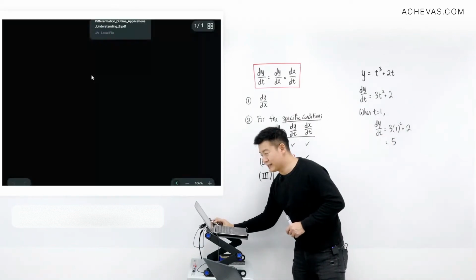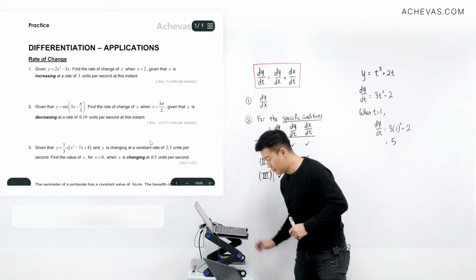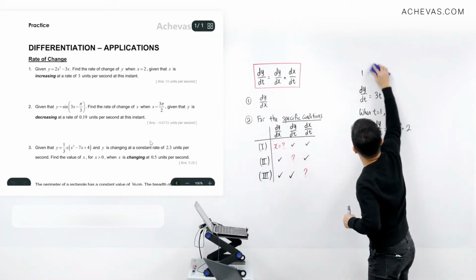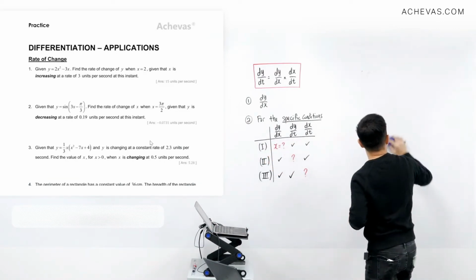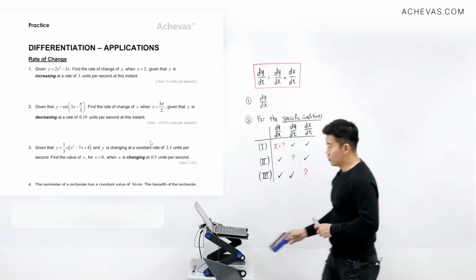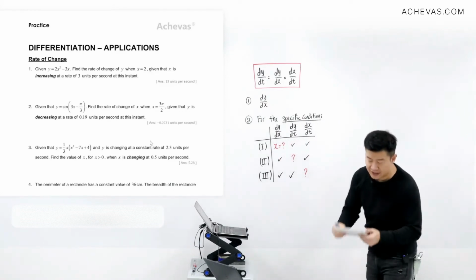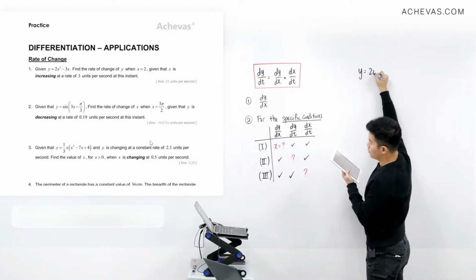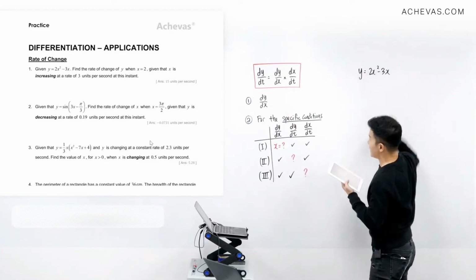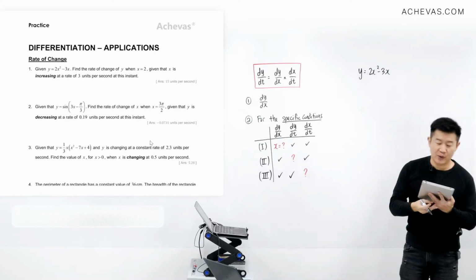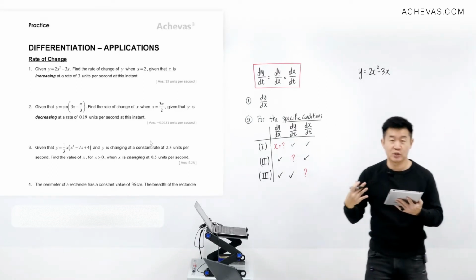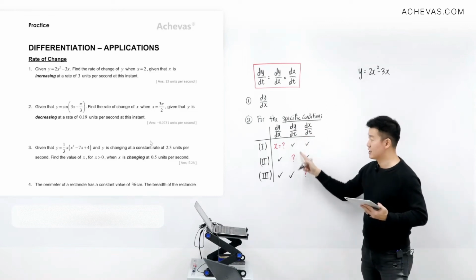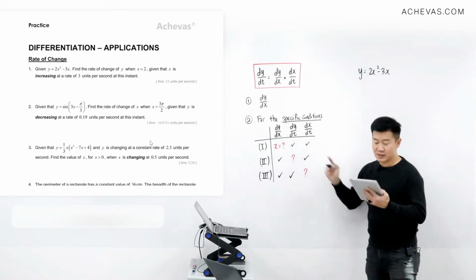So let's come back to this example that we have here. Let's take a look at question number 1. In question number 1, we are given that y is equal to 2x squared minus 3x. We are supposed to find the rate of change of y, so we want to find dy/dt.